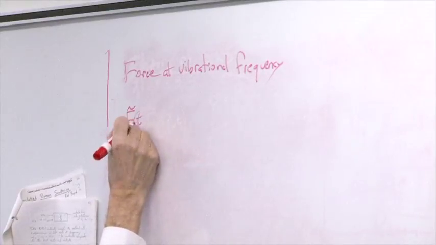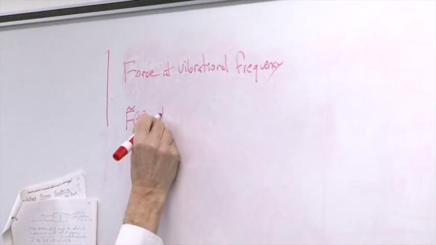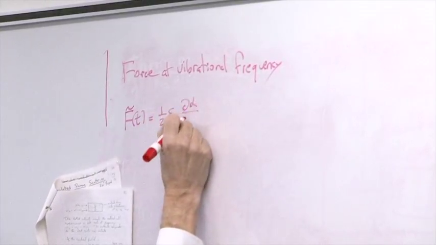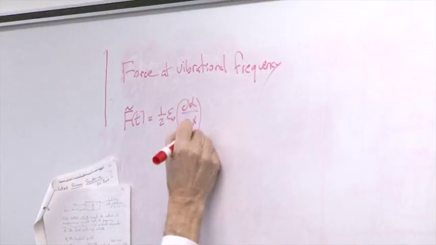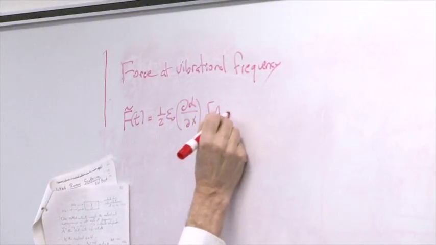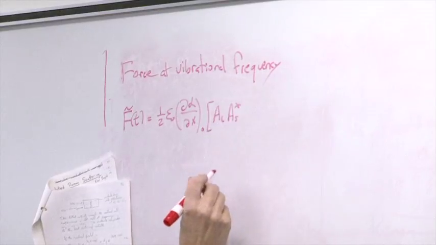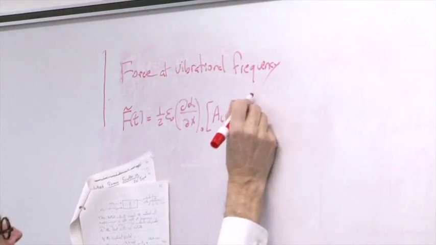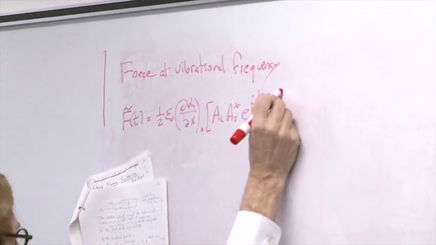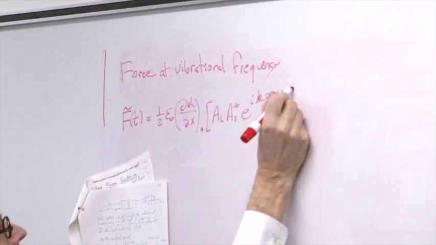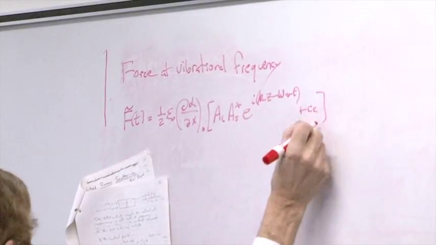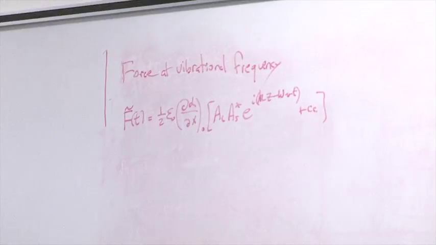So F of t is 1/2 epsilon 0 partial alpha with respect to x at 0, a laser, a Stokes star, e to the i (kz minus omega v t) plus complex conjugate.